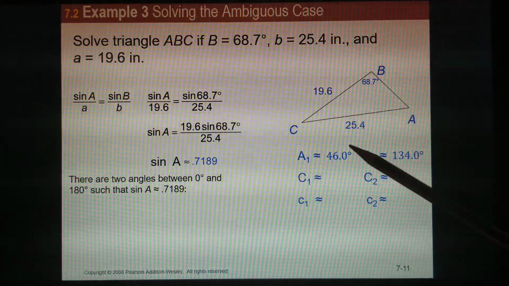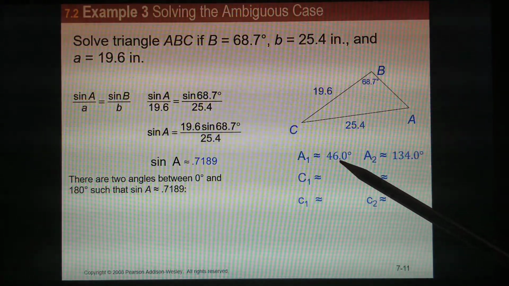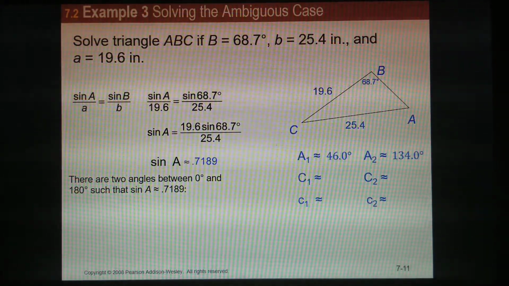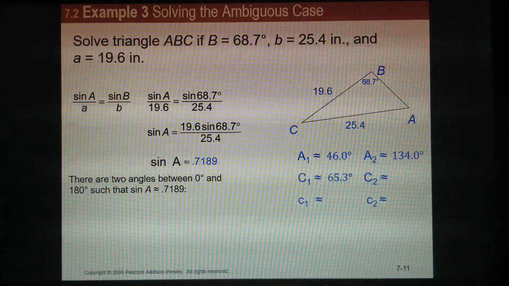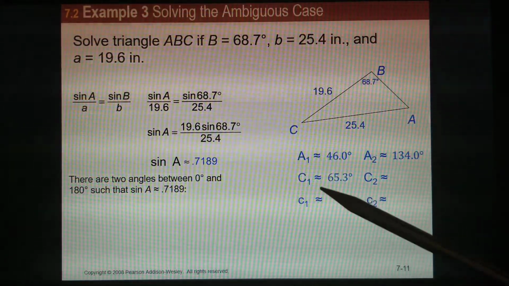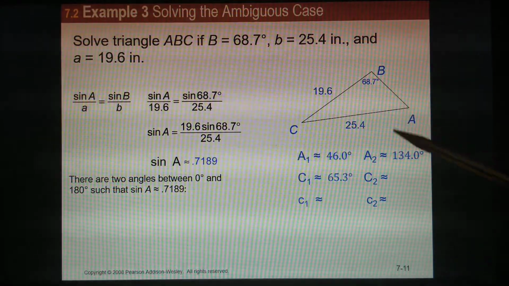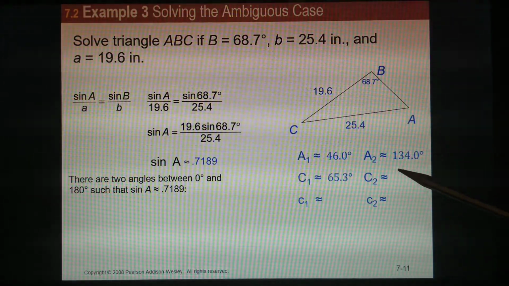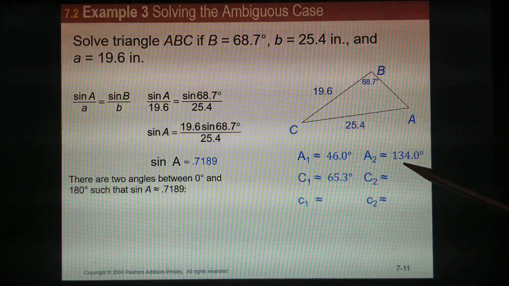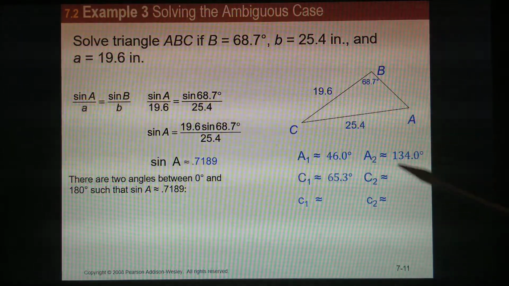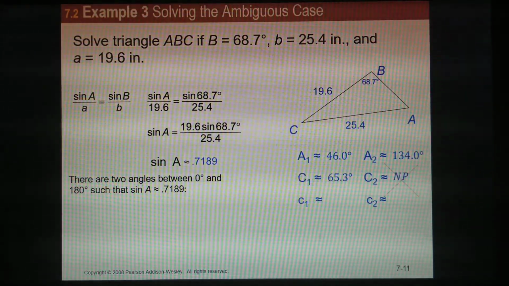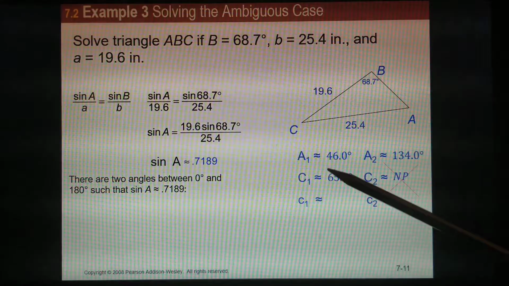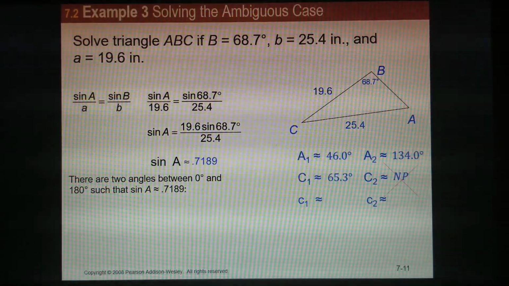If I add that to the 46 degrees and take it from 180, that would be angle C for triangle 1. Now angle C for triangle 2. If I add 68.7 and 134, that's already more than 180. So this time I will not get a second possible triangle. Not possible. I'm only going to get one possible triangle this time.